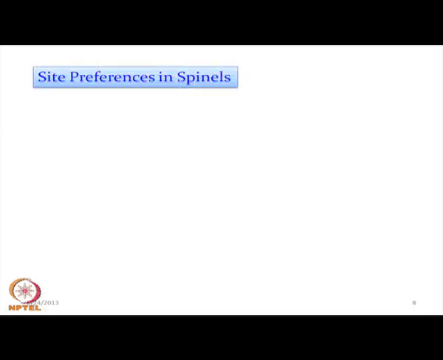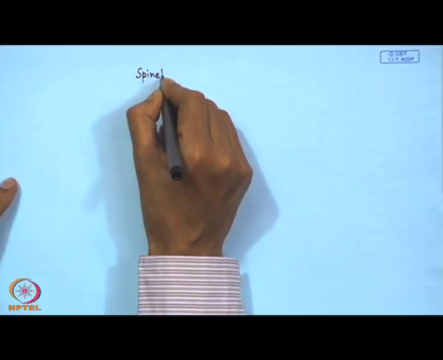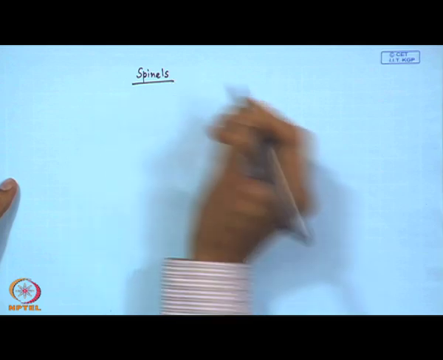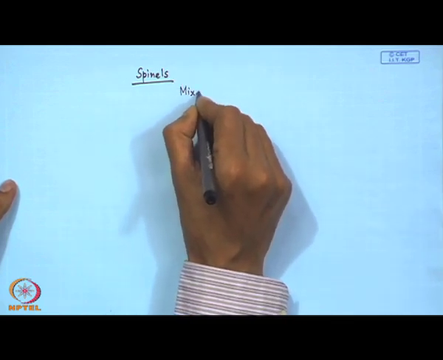Then we see some useful information related to some solid state structure which has a different name, what we call the corresponding spinels. So, these spinels are basically mixed oxides.